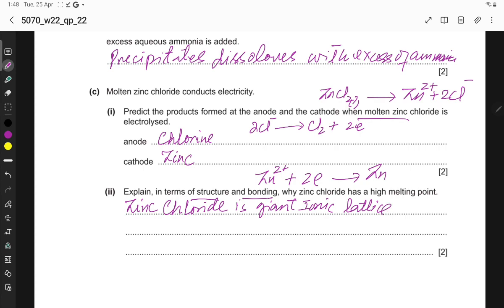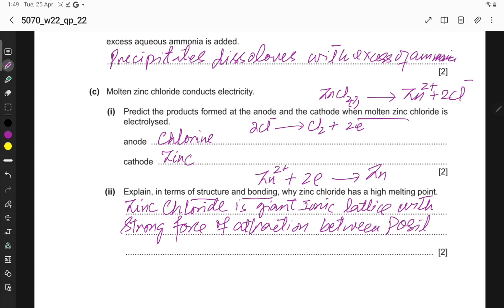Lattice with strong force of attraction between positive and negative ions. This is very important to write down: positive and negative ions.